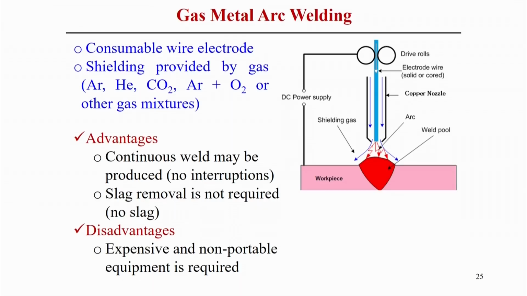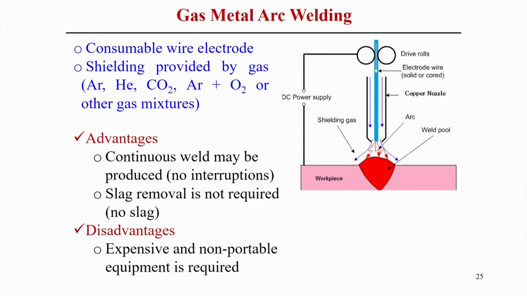If we look into the process, it also creates an electrical circuit, and the arc is created between the electrode and the workpiece. And here, along with the supply of the consumable electrode over some drive rolls, there is at the same time a supply of shielding gas through the same nozzle.